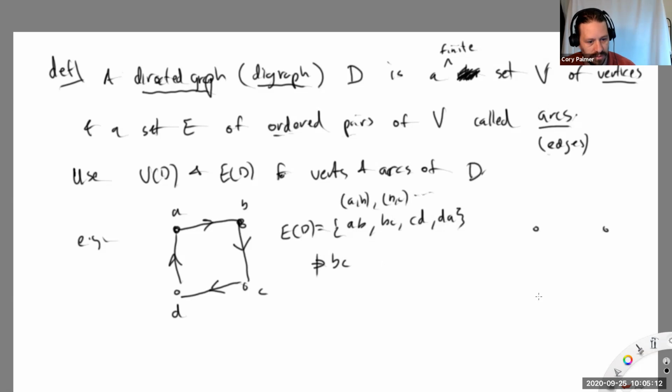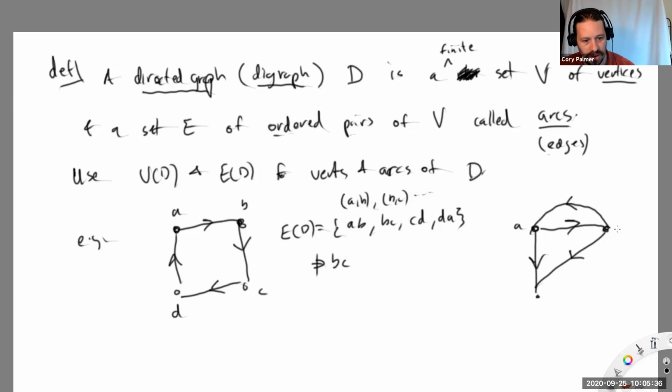Another example to re-emphasize that point, say, let's just do a simple triangle-like thing here. So in a graph, these two things would form a multi-edge, but in a digraph, this is perfectly okay because these are two different arcs, right? This is not a multi-edge. These are two different edges.